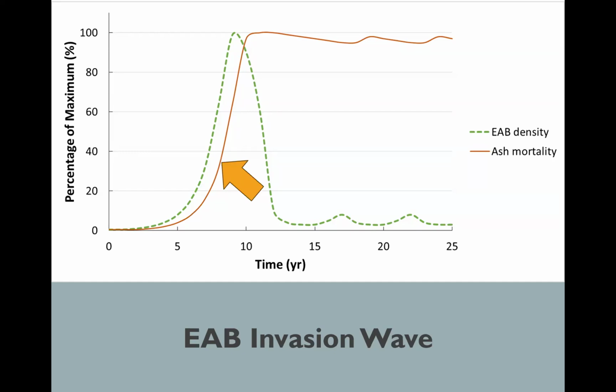And you can also see from this graph that the ash mortality lags behind the emerald ash borer density. So as the density is increasing, we're going to see that delayed response in mortality.